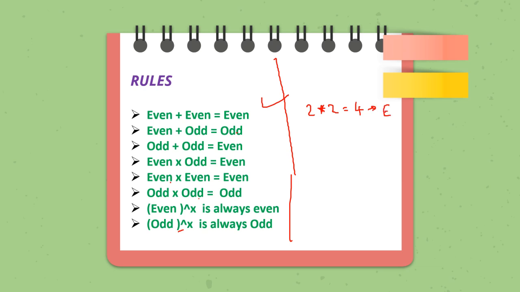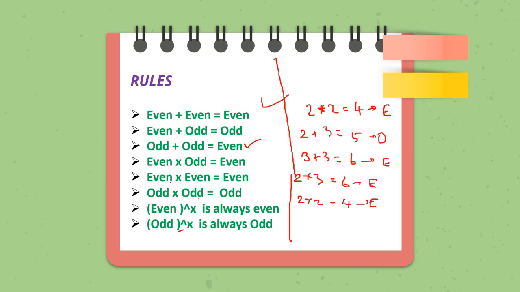Even plus odd: 2 plus 3 is 5, which is an odd number. Odd plus odd: 3 plus 3 is 6, which is an even number. Even into odd: 2 into 3 is 6, which is even. And 2 into 2 is 4, which is even.